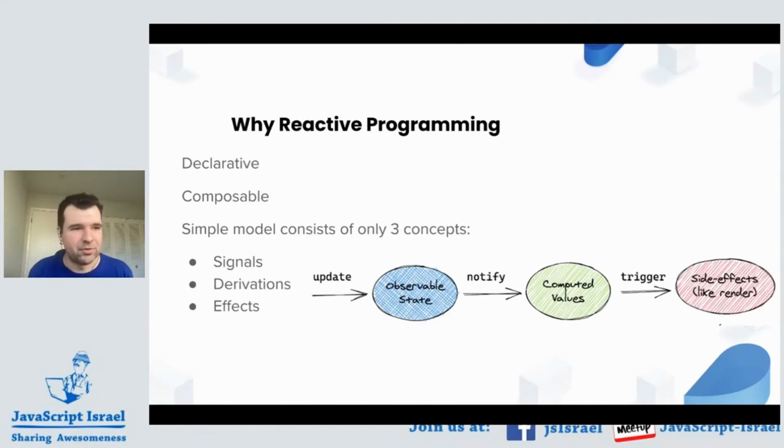In Solid, we call these memos, but these are pure computations built on top of that state. And finally, you need to know about the side effects. That's where the state would affect the real world. I sometimes call these reactions as well, but essentially, this is where the changes actually reflect in your view. We're going to focus on these primitives for the next few slides.